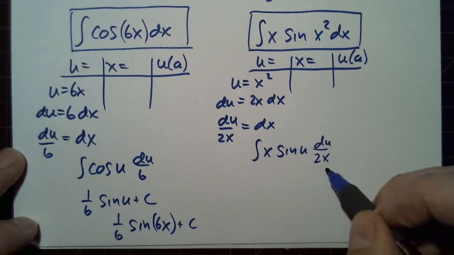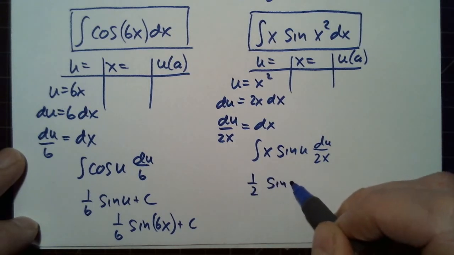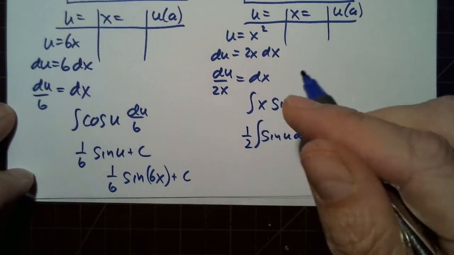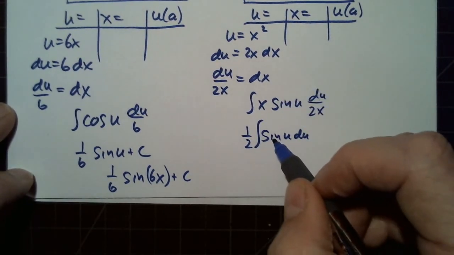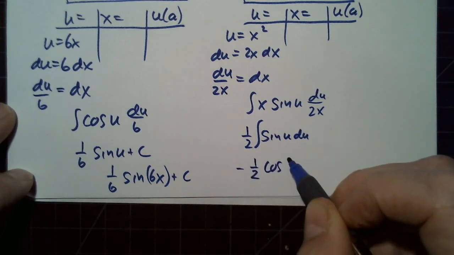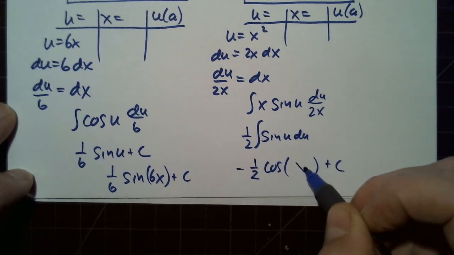So the x's cancel, and we're left with a 1/2 sine u du, and the antiderivative of sine is negative cosine u plus c, and u is x squared.